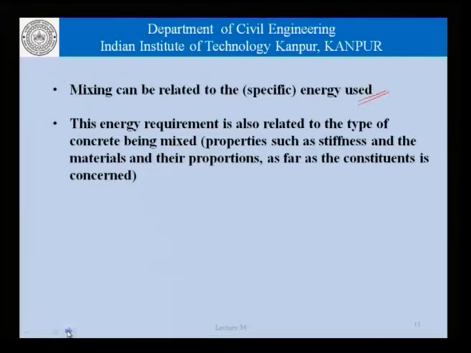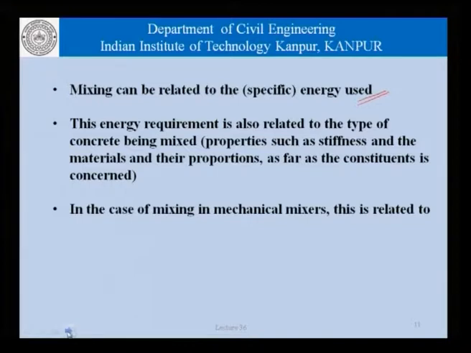For example, whether the concrete that we are mixing is stiff, and the materials in their proportions, whether we are using round aggregates or crushed stone aggregates, whether we are using a certain chemical admixture or not, and so on. So, the amount of energy that is required to produce a concrete which is acceptable depends not only on the type of mixer, the RPM and the time that is involved, but also the ingredients that we are using and their proportions.